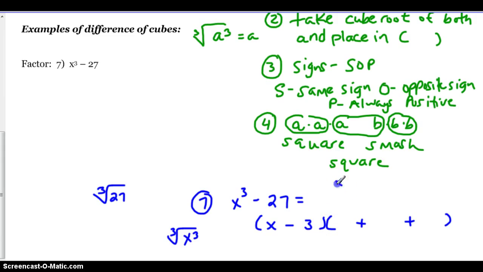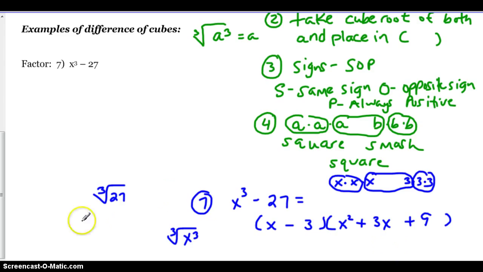So if we write out x times x times x and 3 times 3 times 3 to represent x cubed and 27, when we square, smash, square, we think of x times x as the square, the first item that goes in here, and then smash our x times our 3, and last our square of 9.